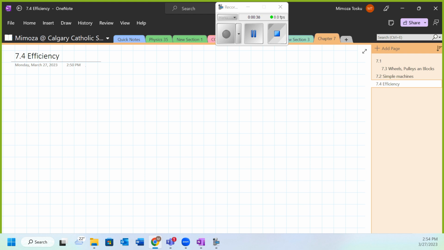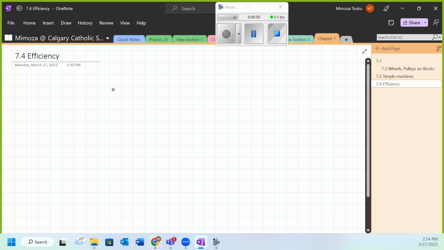What do we do to realize that? We see the work that the machine does with the energy that is used to do this work.